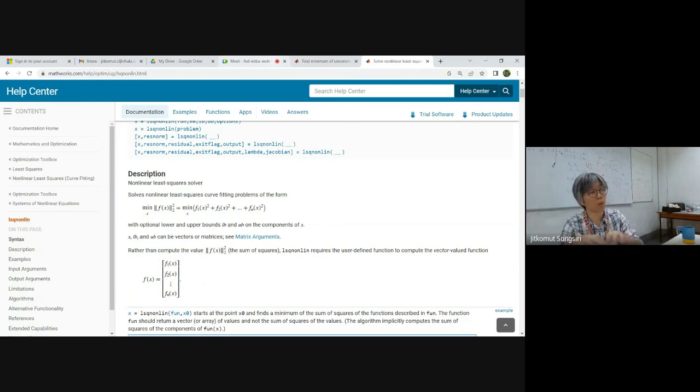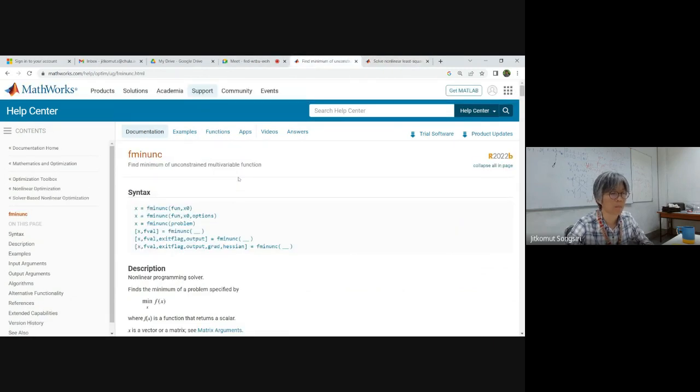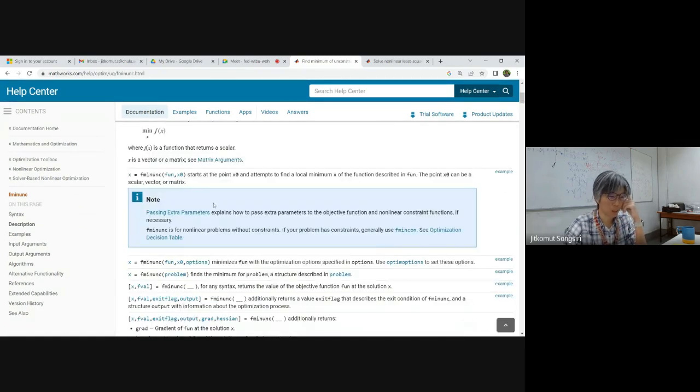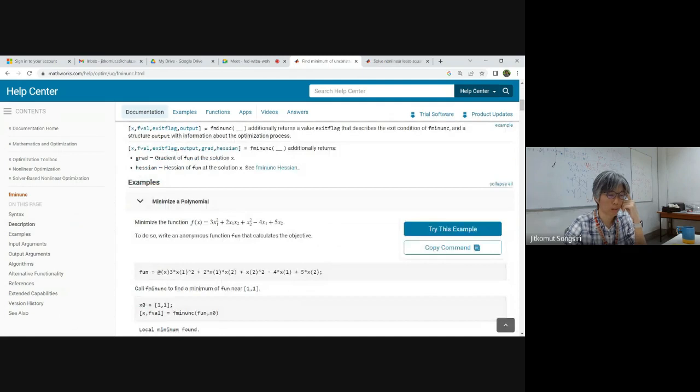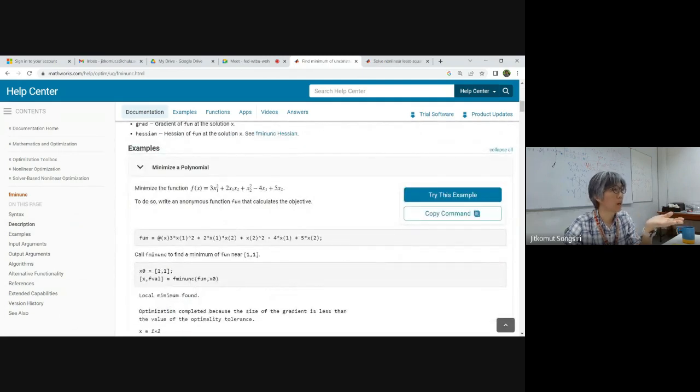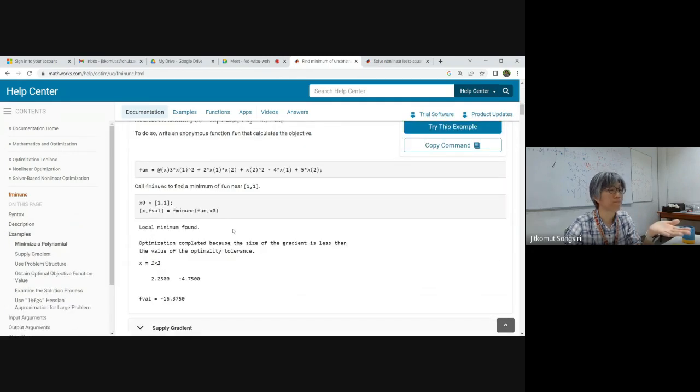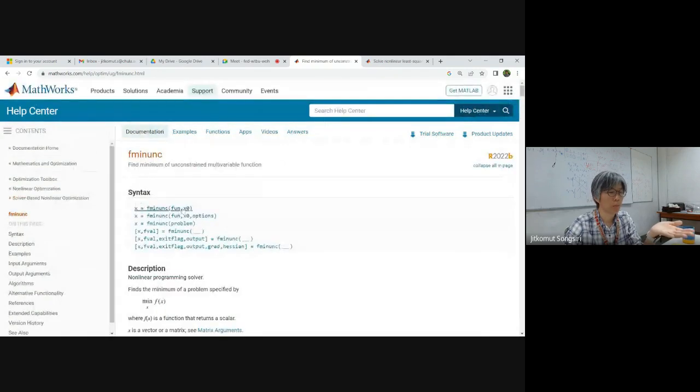Can you write the minimization of Rosenbrock as a nonlinear least square problem? That's about it for unconstrained. Even though we're going to demonstrate some tools in the last week, I think you can explore this in the homework as well. Try to minimize the Rosenbrock function. Usually you need to put in a function and an initial point.